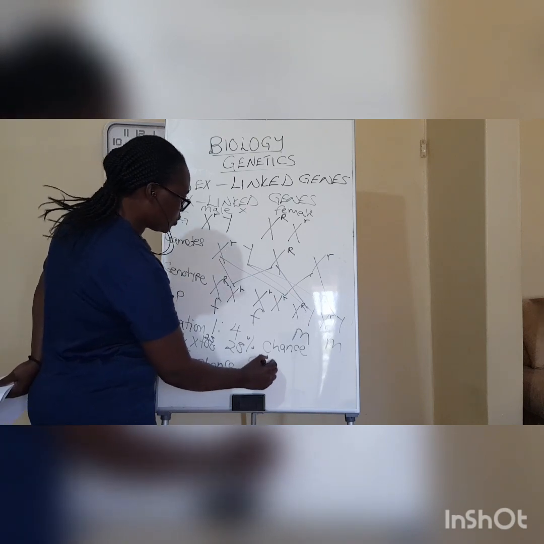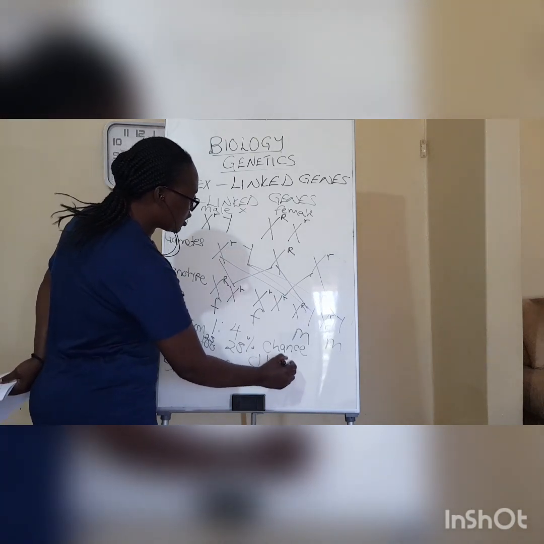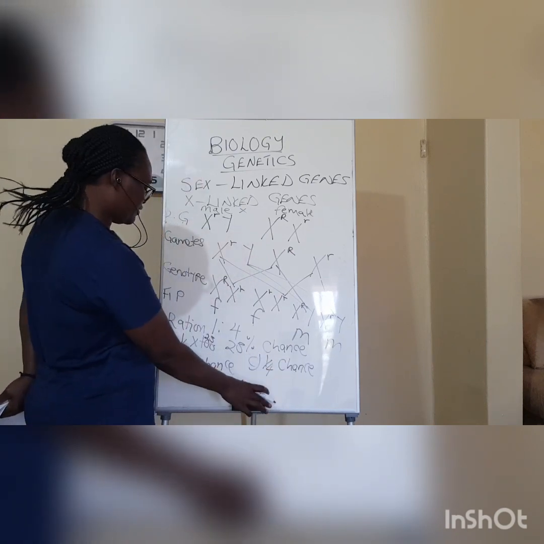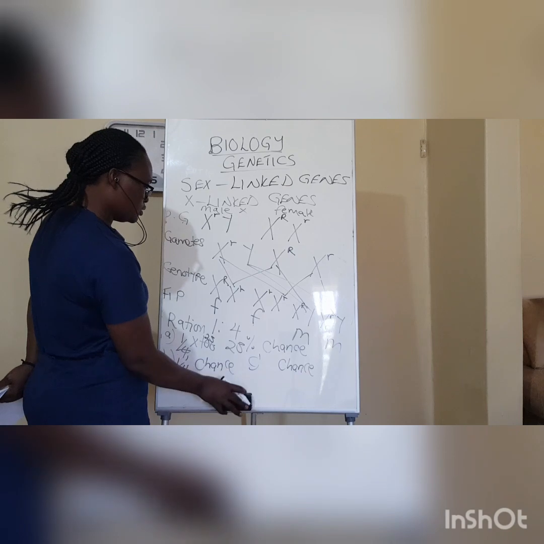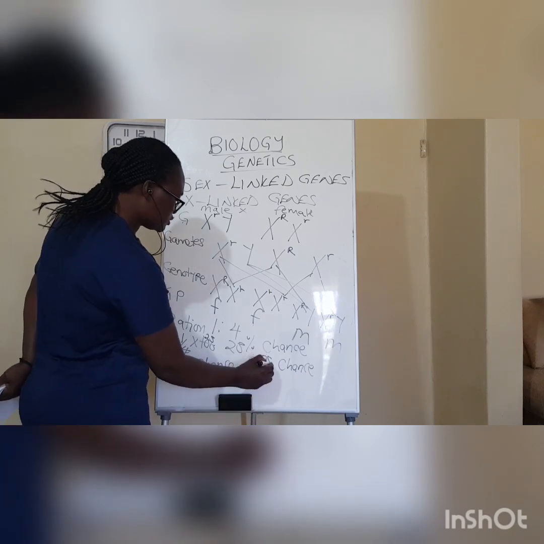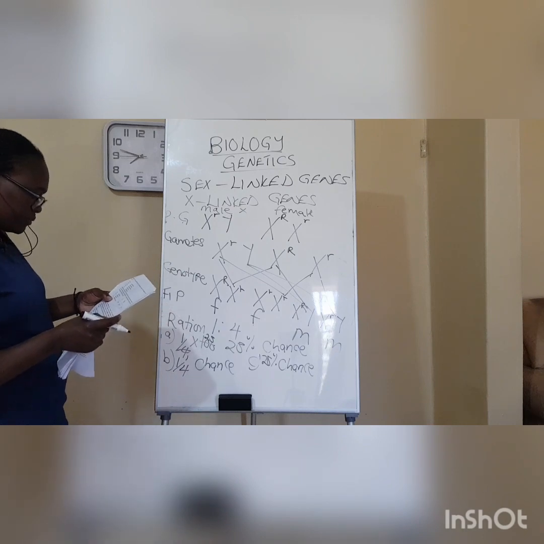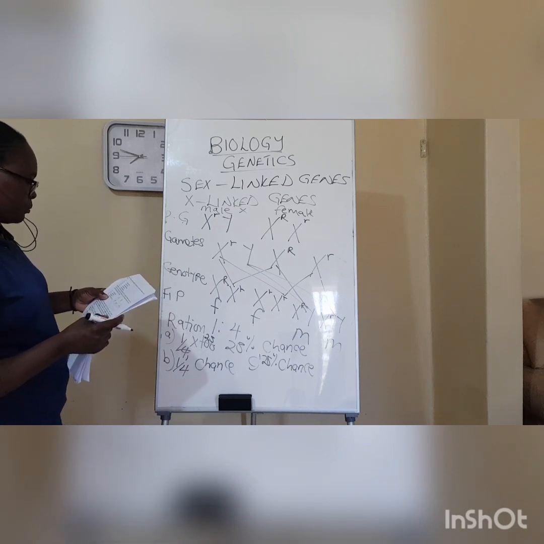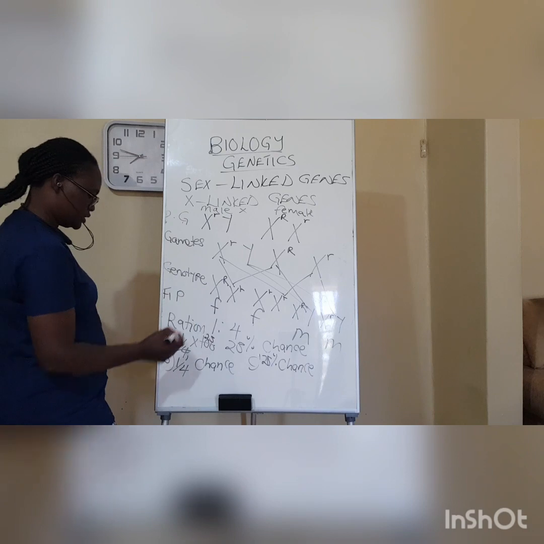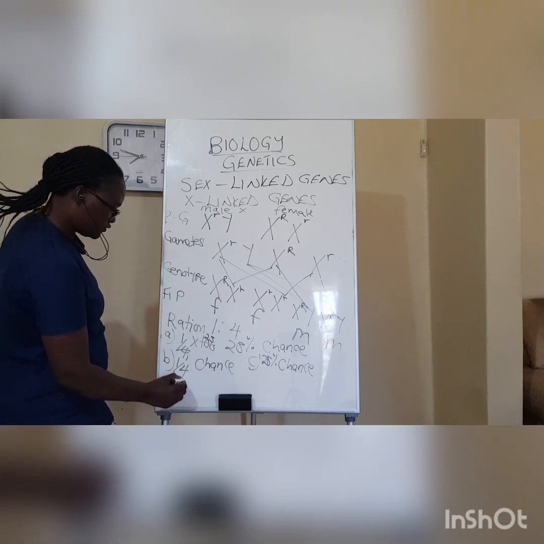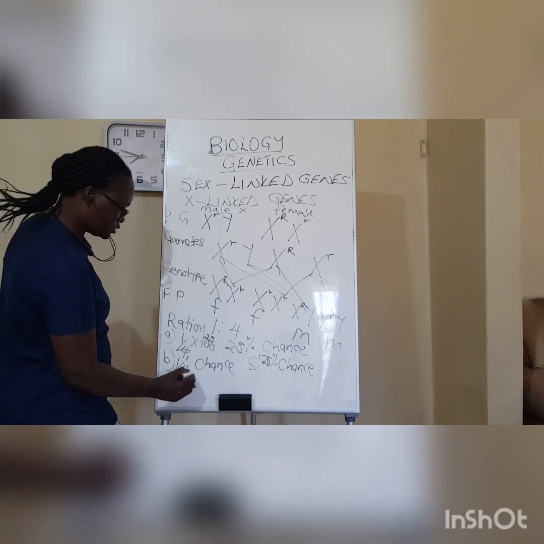C, 1/4 chance. Or even write 25%. Still okay. 25% chance. Then a normal female, but carrier. So it's the same. It's this one. The answer is the same. 25% chance.